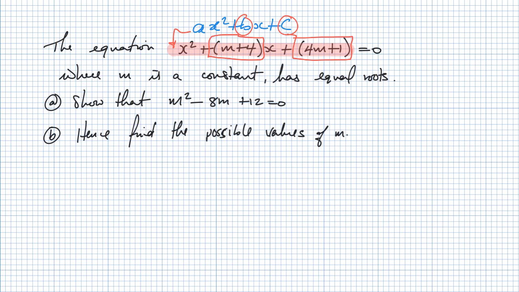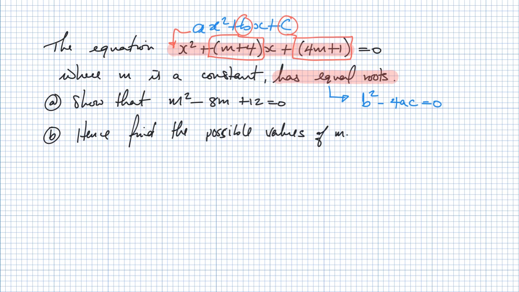The other bit of information they gave us is that it has equal roots. Now, what does that information tell us? Well, it tells us that your discriminant, b squared minus 4ac, is actually equal to 0. That's what it means when it says it has equal roots.